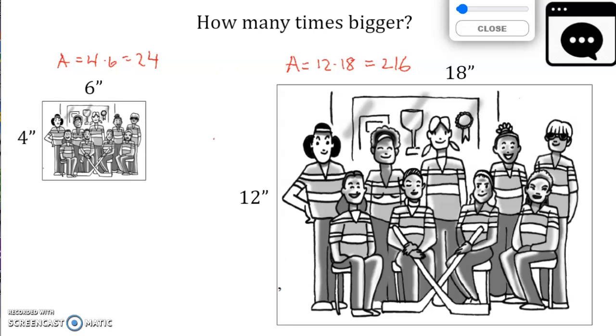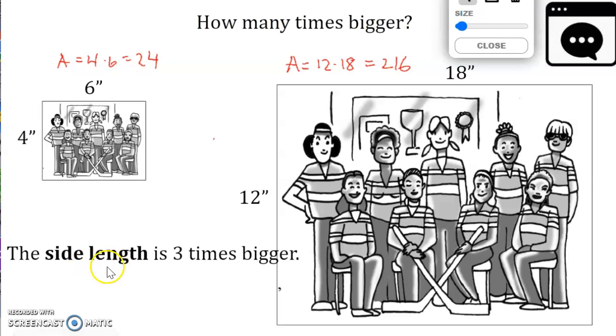When the side length was 3 times bigger, that is the linear scale factor. What happened to the area? Area went from 24 to 216.